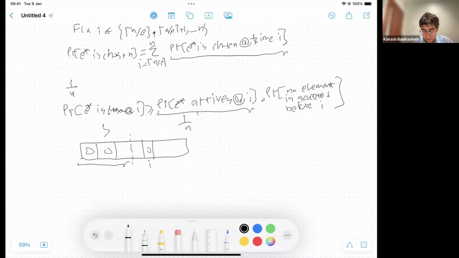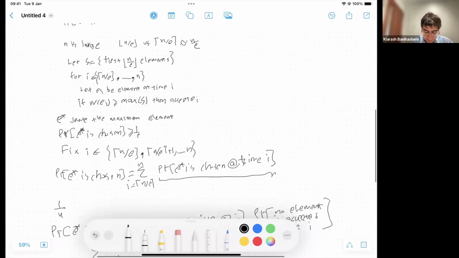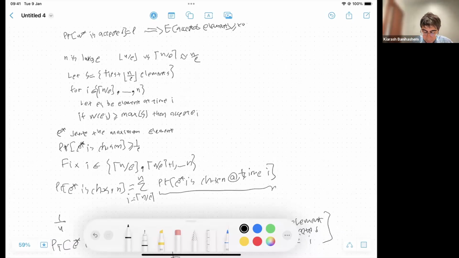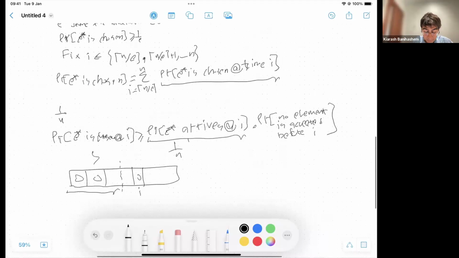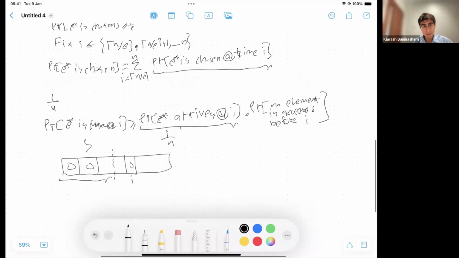This is easy to see because if the maximum of them appears in the sample, then any element that appears after the sample will not satisfy the condition: its weight will not exceed the weight of the maximum of the sample. Therefore, it will not be accepted. So when I reach time I, E star is free to take, and therefore I can just accept E star. Any questions so far?